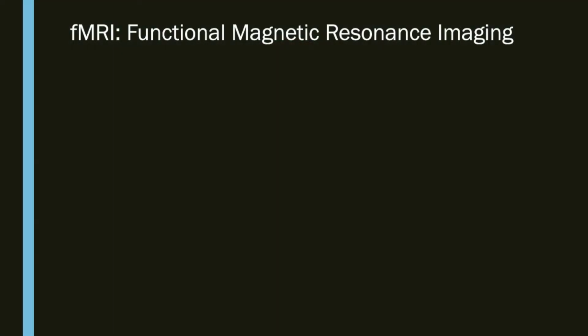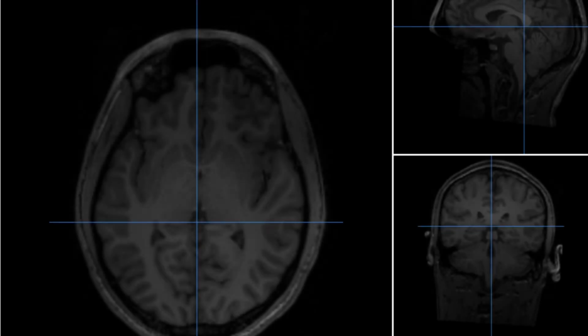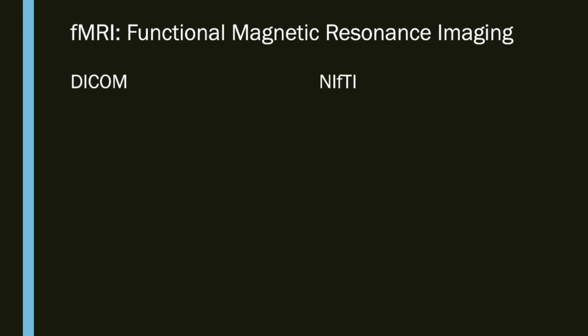Our team focused our primer on neuroimaging data from functional magnetic resonance imaging, or fMRI. Specifically, our primer is focused on curating fMRI images that are saved in either DICOM or NIfTI formats. These are the most common formats for fMRI images. DICOM images tend to be very large and have a lot of metadata embedded within the file.